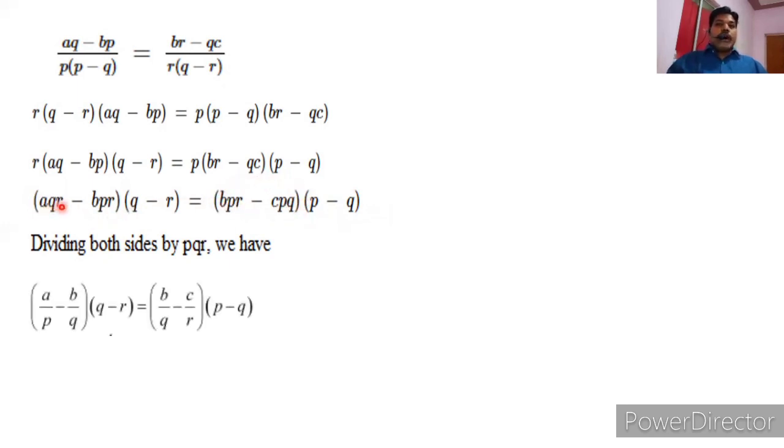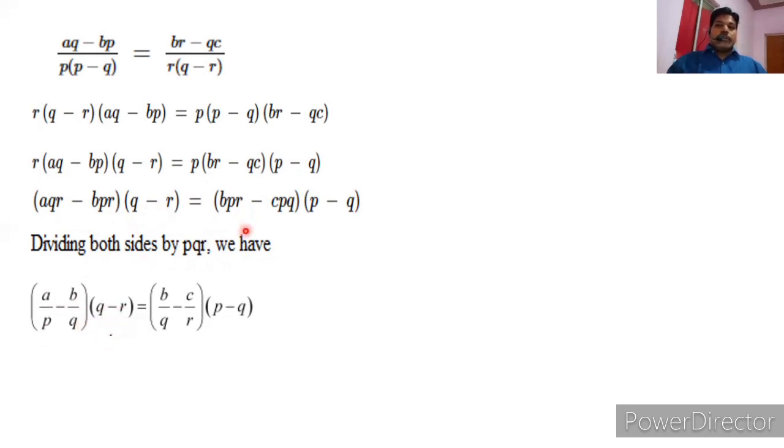AQR by PQR: QR will be cancelled, and the remaining value is P, so it will become A by P. Minus BPR by PQR: PR will be cancelled, the denominator will become Q, so it will become B by Q into Q minus R.